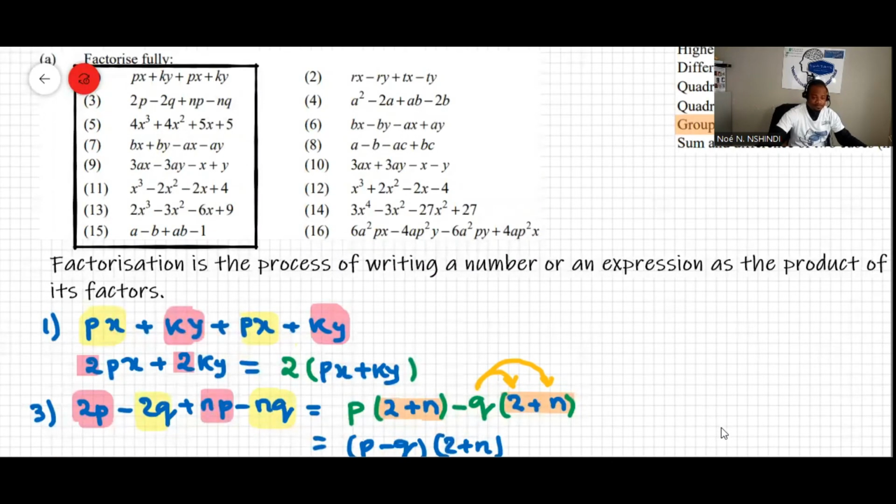That says bx plus by minus ax minus ay. I think I will leave this also for you to practice. You can take b as a common factor and negative a as a common factor, and then you do that. I'll leave question 9 also because it's similar. Let's do question 11.